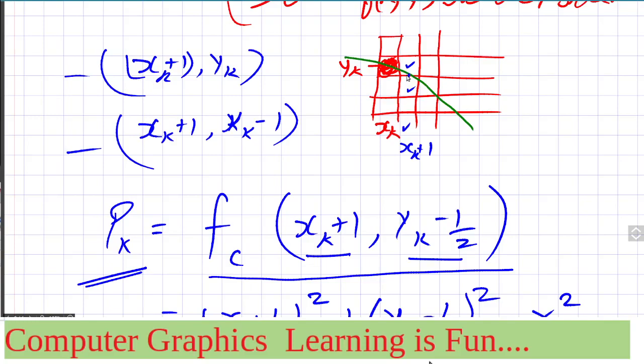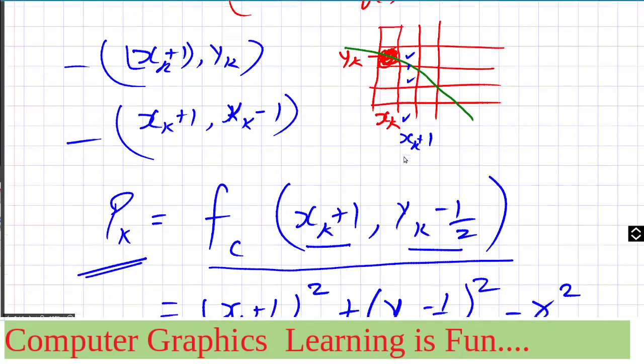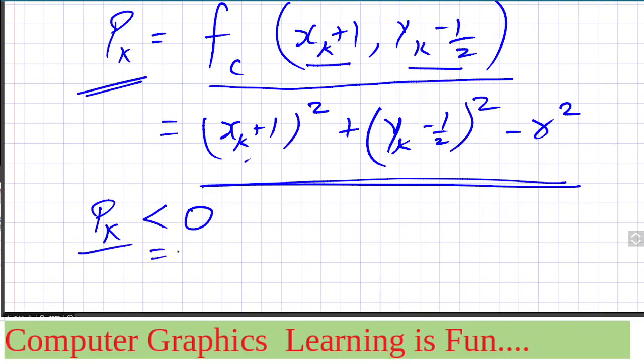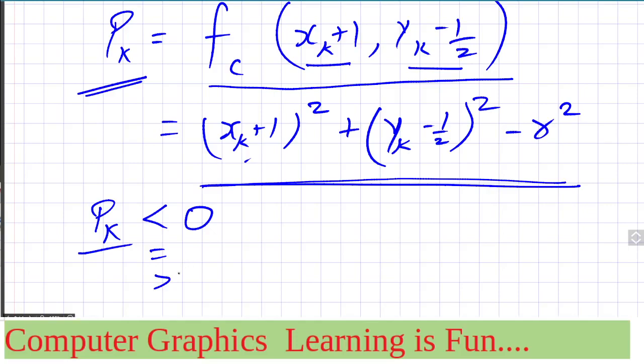If it is greater than 0, this midpoint is outside the circle. If the midpoint is on the circumference, then pk is 0, and in that case we understand that the point is on the boundary. So we will check the value of pk, whether it is less than 0, equal to 0 or greater than 0, right?